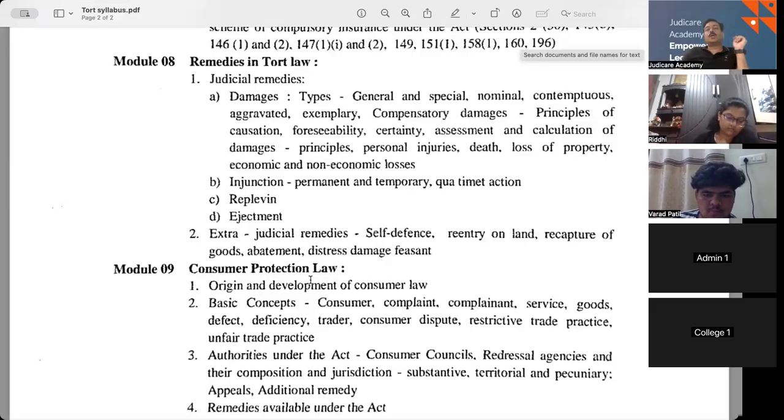It is not a tort from your side, that is an abatement. And distress damage feasant is the very same way, where because of a distress situation, this damage has happened, and that is why this is not something done by you.